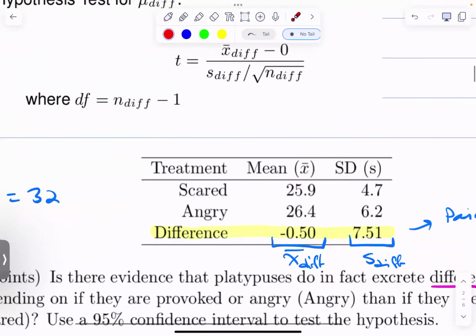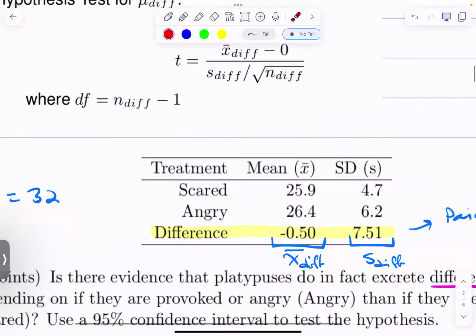So if you have it calculated already, you could reuse it. I didn't save it. It's not worth saving. But now, let's do 7.51 divided by the root of 32, and then -0.5 divided by that.